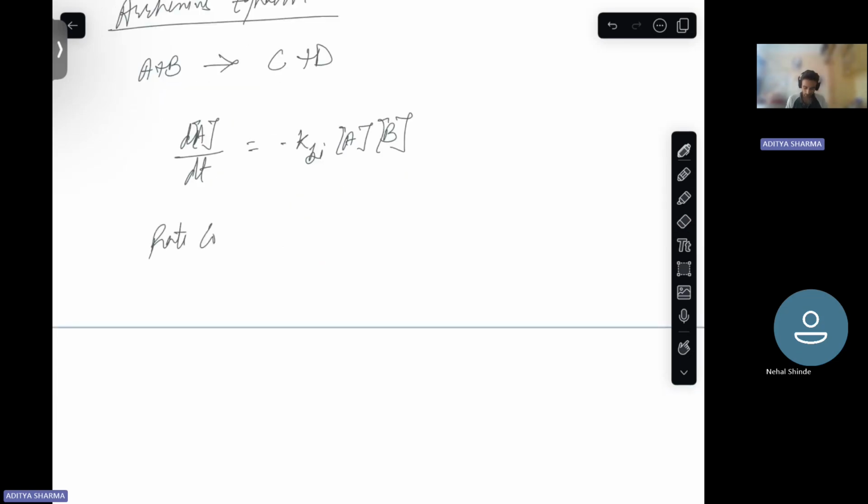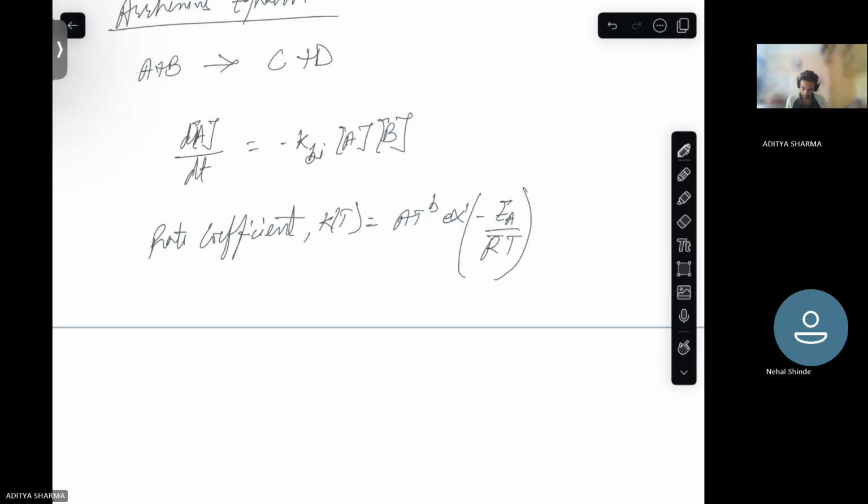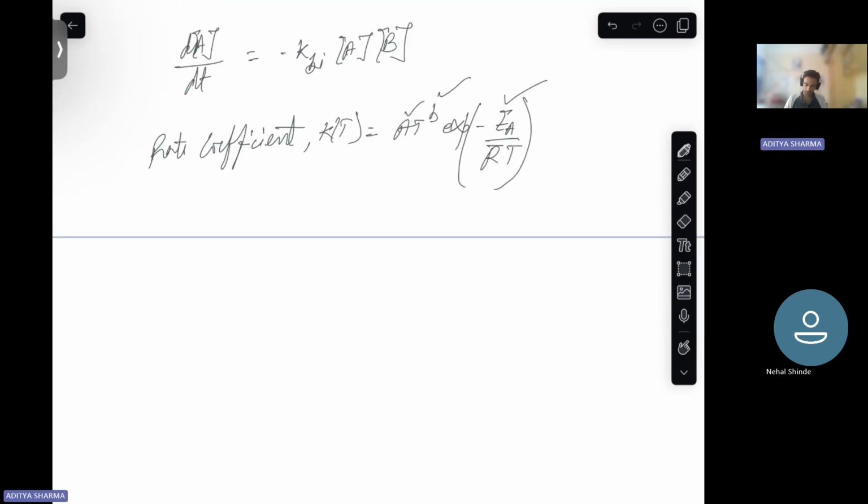So rate coefficient can be written this way, where A and b are your constants, and E is your activation energy, T is your temperature, R is your universal gas constant. So this is your Arrhenius equation.